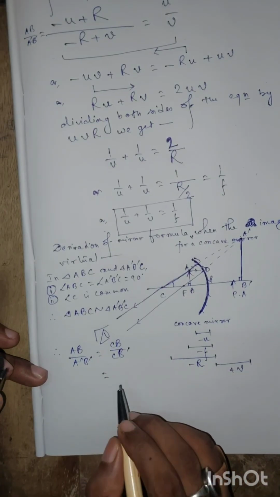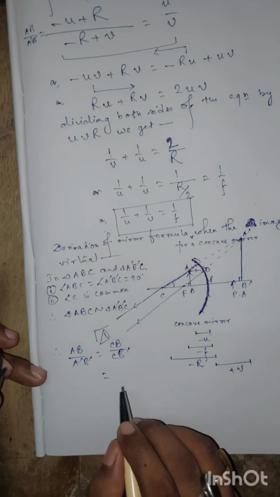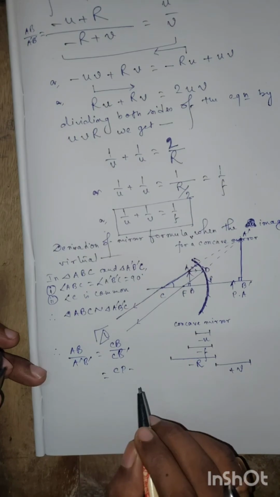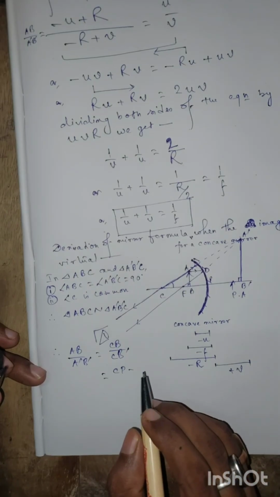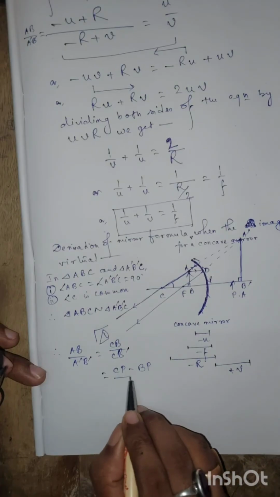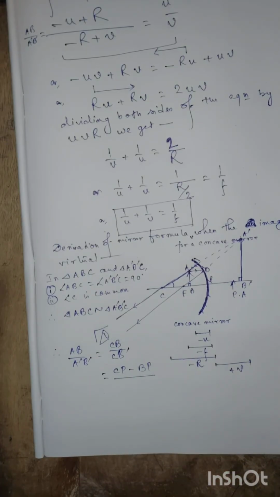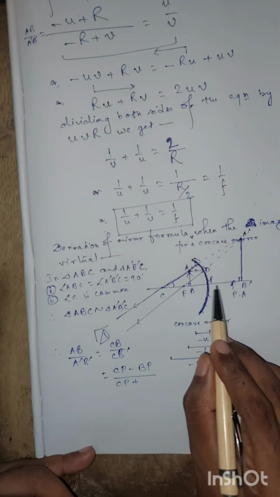Now CB can be written as CP minus BP, by CB dashed, which can be written as CP plus PB dashed.